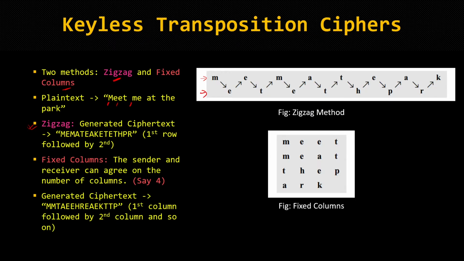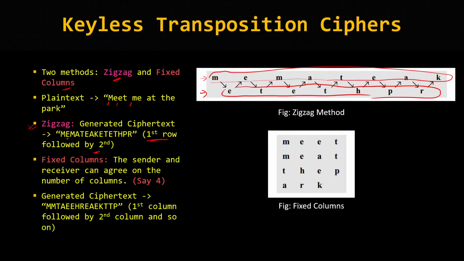Then the ciphertext is generated by taking the first row followed by the second row.